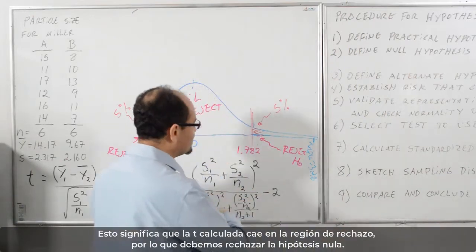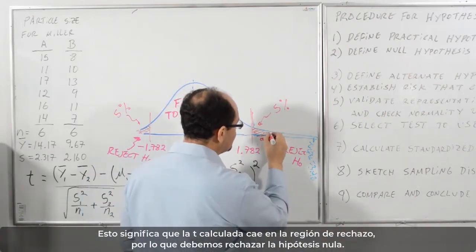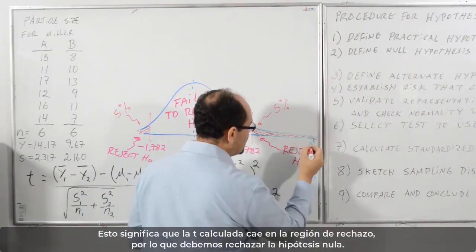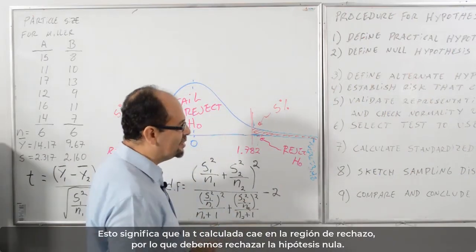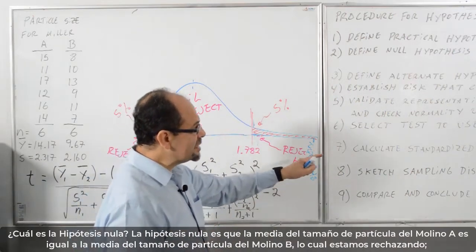Well, what is the meaning of that? That means that this value is in the region of reject. So we are rejecting the null hypothesis. What is the null hypothesis?